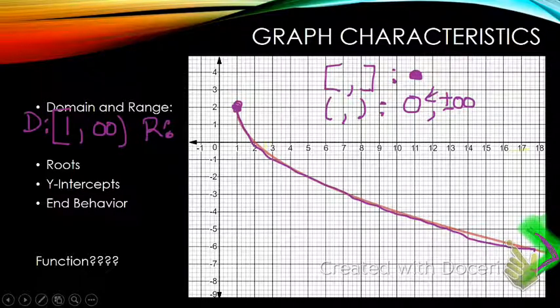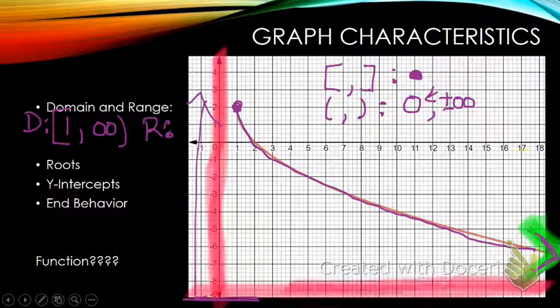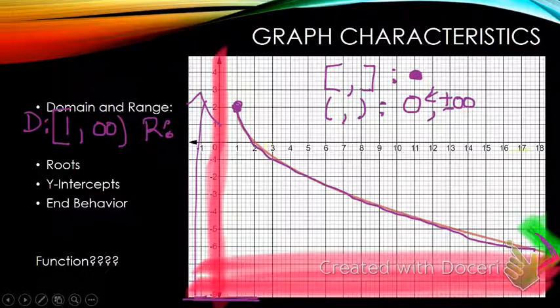So, as I told you, the range is all of your y values, so right there on this y-axis, and you're going to read from the bottom. If I can write, it's not letting me write. From the bottom, and you're going to go to the top, okay? So I'm going to take my highlighter, and I'm going to look. What is the first thing that I hit? Oh, look at that.